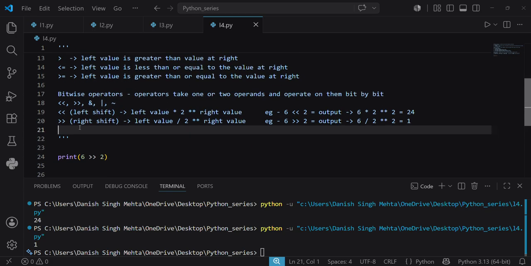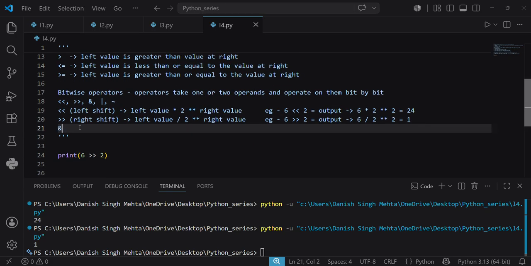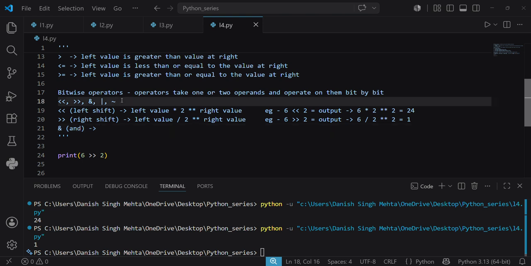Now we have the AND operator. Basically, if you have studied about the AND operator, AND, OR, NOT, there is also one more, XOR.